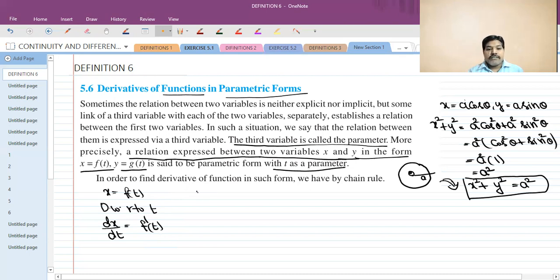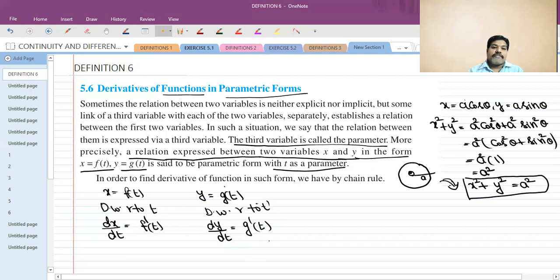Similarly, what is the y value, students? Y is equal to g of t. Differentiate with respect to t, so that is nothing but dy by dt is equal to g dash of t.